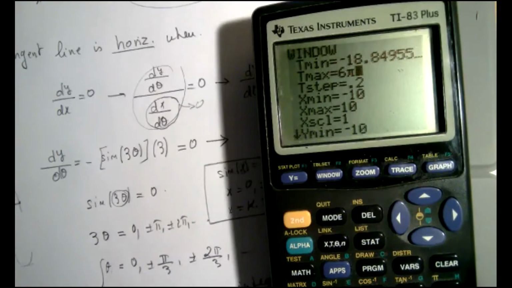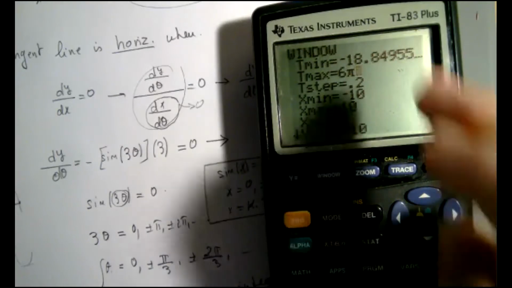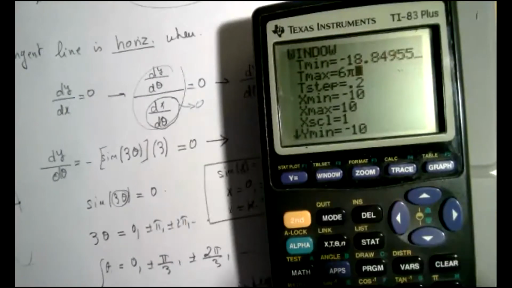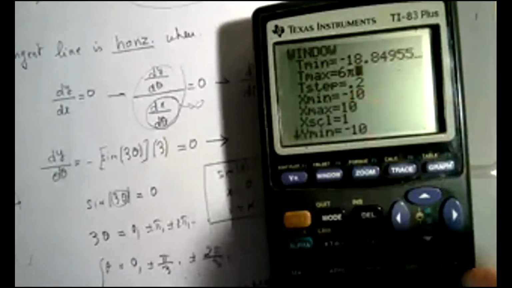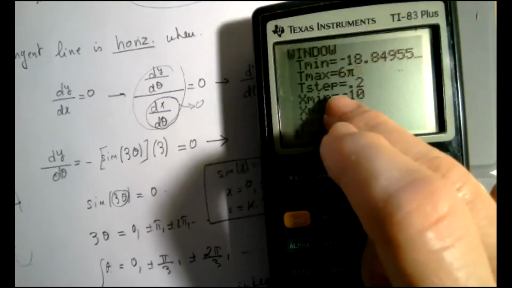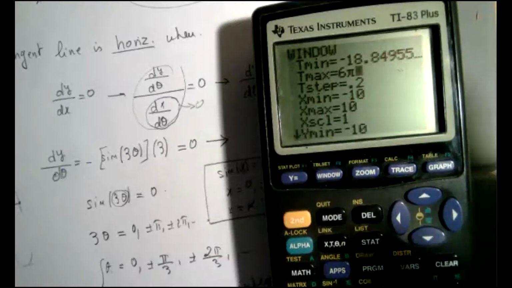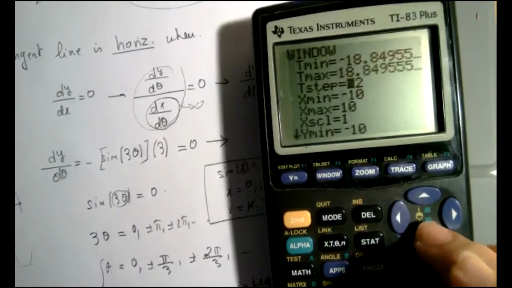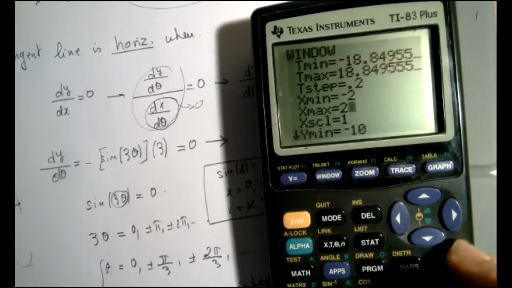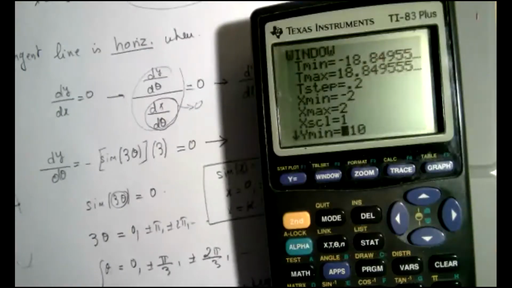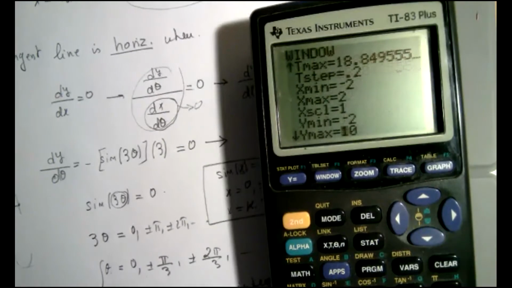The T step means you want the calculator to compute values, because the calculator draws points. So it computes at 0, then at 0.2, then at 0.4, that's really what it's doing. Now X minimum and X maximum don't take such large values, because cosine stays between minus 1 and 1. And let's hope for the best now.